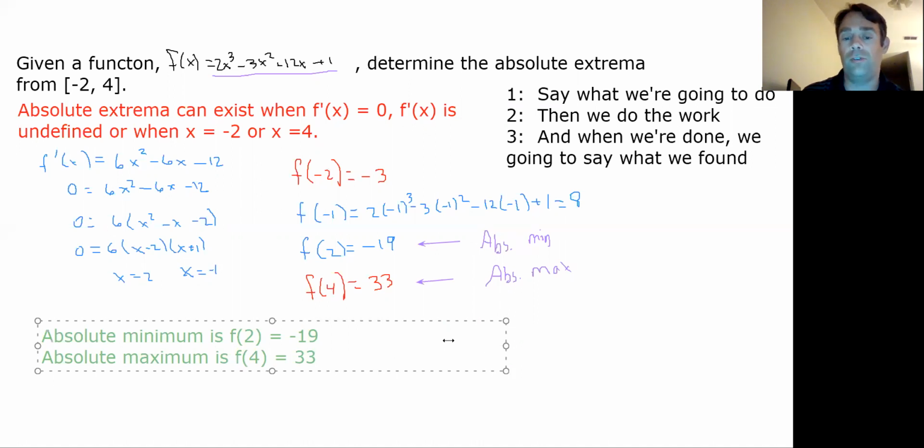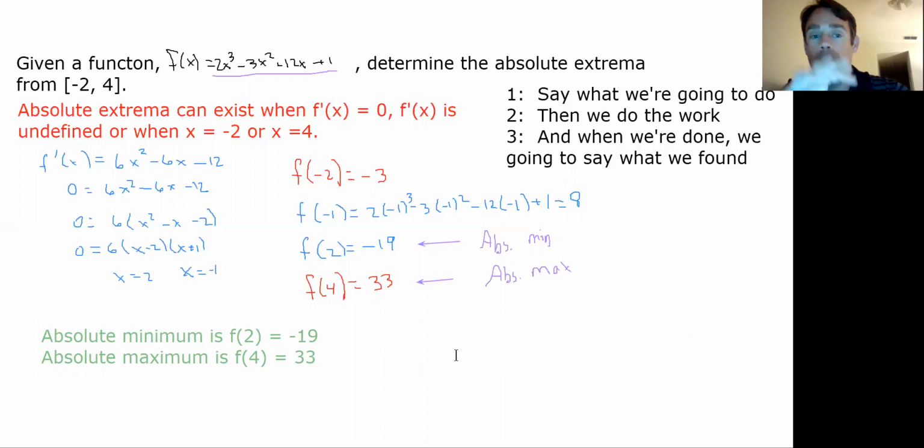Later on, as we get to some of these, there actually is more that would go into our reasoning, but for this one, it's not that. So what do we do? We said what we're going to do, and then we did all our work, and when we're done, we say what we found. And we're going to do that time and time again.